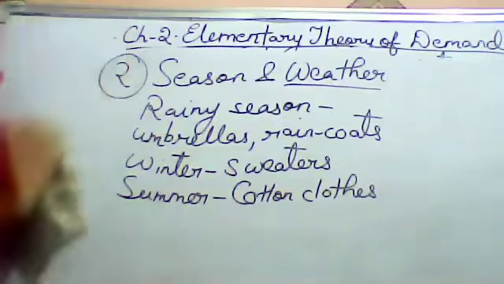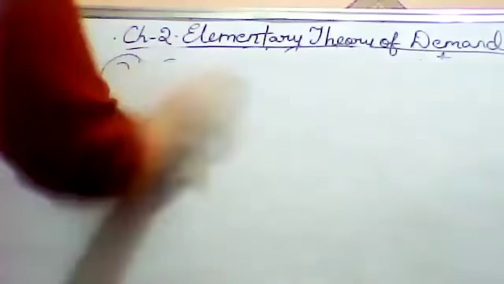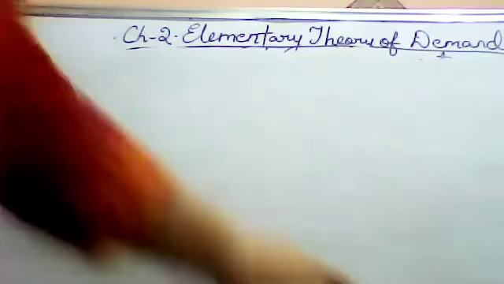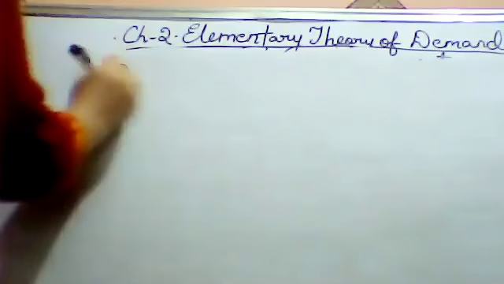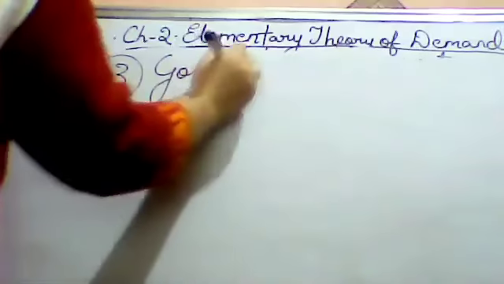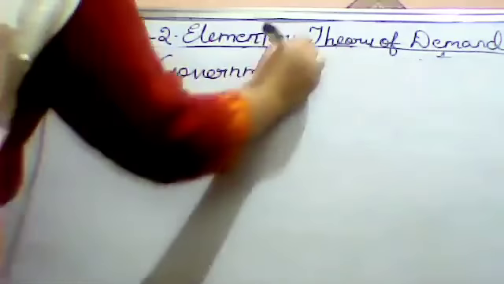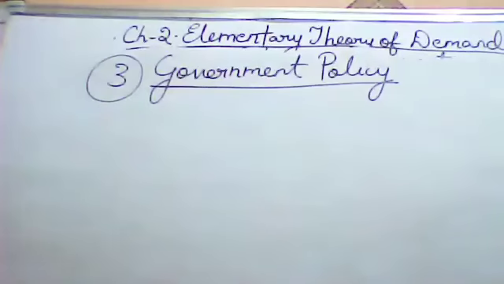Then the third point is government policy. Now, how does government policy affect the market demand?